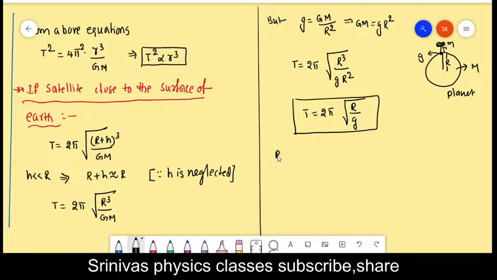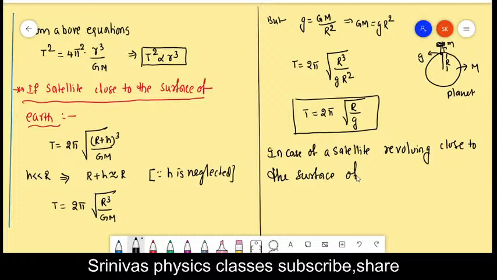Now substitute the values. In case of Earth, I want to find out the time period of a satellite revolving close to the surface of Earth. If any satellite is revolving very close to the surface of Earth, then the Earth's radius is what? 6,400 kilometers, right? This is the radius of the planet we have to take.